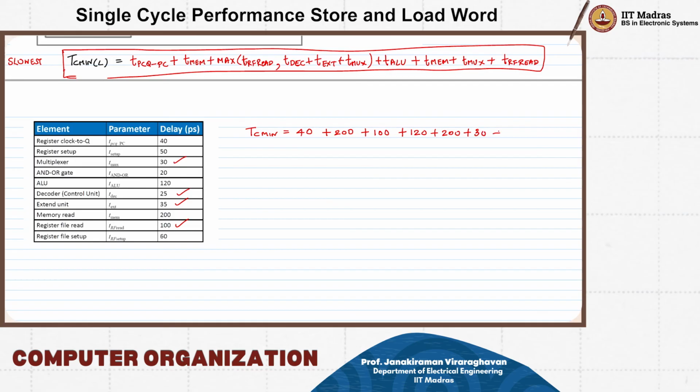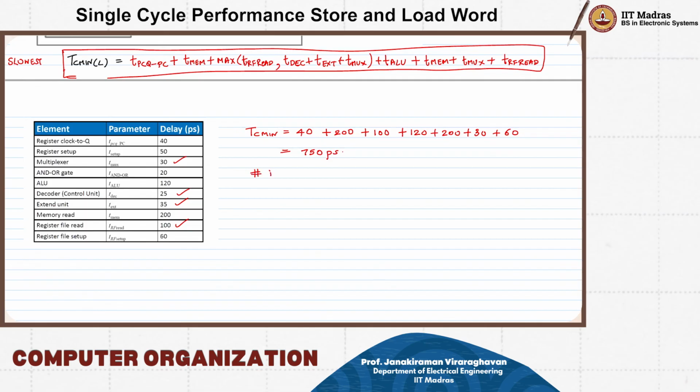Yes, 30, plus the register file setup, which is 60. So if I add all this, I will get 200 plus 200 plus 100, 500, then 60 and 40, another 100, 600, plus 120 plus 30. So we are talking of 750 picoseconds. The clock period for this RISC V implementation is 750 picoseconds.